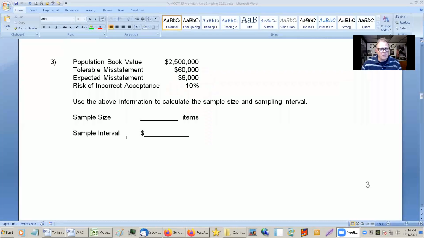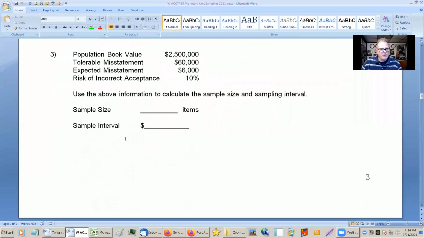You just intuitively know. So the question is, can't we do this with fewer items and get just as comfortable with the numbers, using a smaller number? This method does it in certain circumstances, not in all, but in some it'll help us. Okay, so we're at number 3 here.